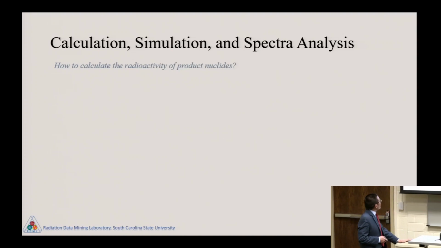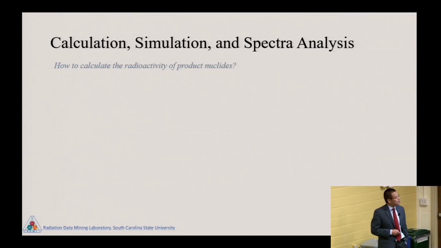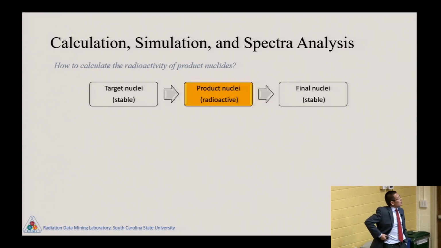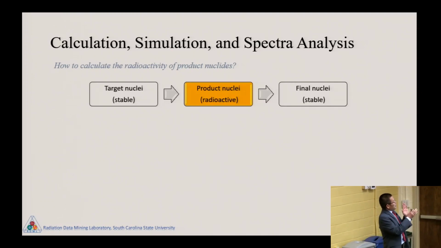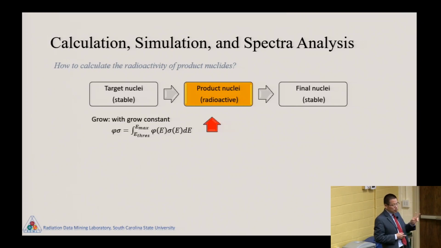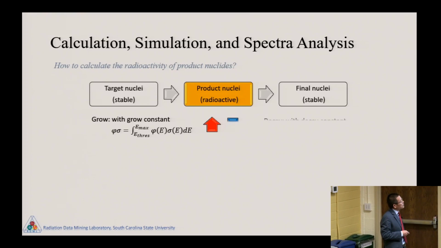So the key question is how to calculate the radioactivity of the product nuclei. The product nuclei are between the target nuclei and the final nuclei. It actually has two processes. One process is growing: you produce a lot of product nuclei, growing with the φσ integral, something like this.